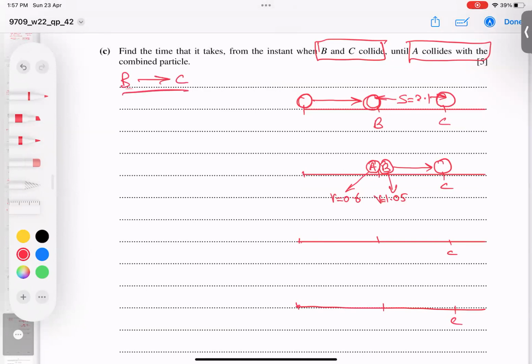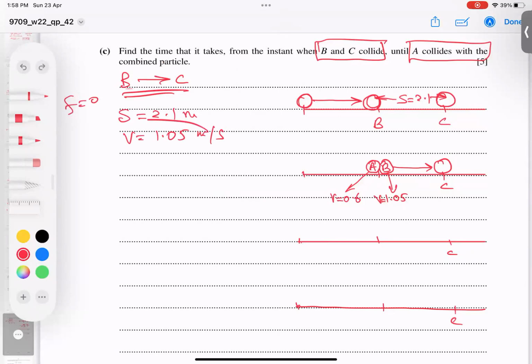I'm going to target and find the time, and you know it very well. Let's find it. We know the distance from B to C is 2.1 meters. So what is the speed of particle B? The velocity is 1.05 meters per second. What is the formula? Because there's no friction, there's no acceleration, nothing.